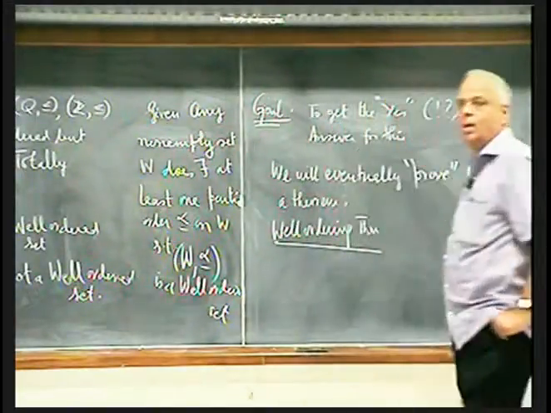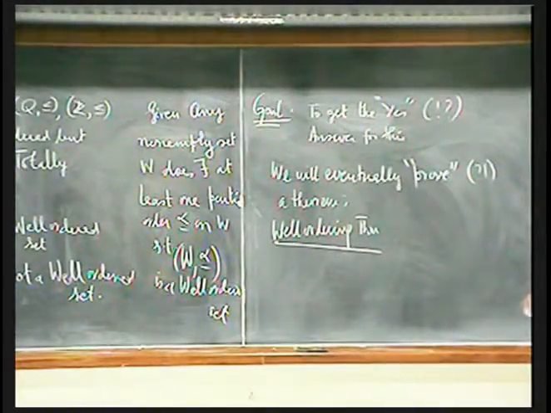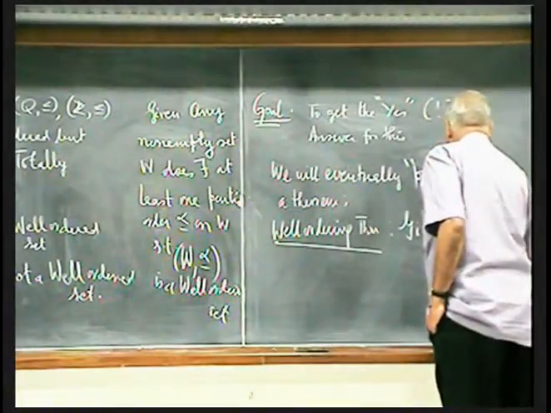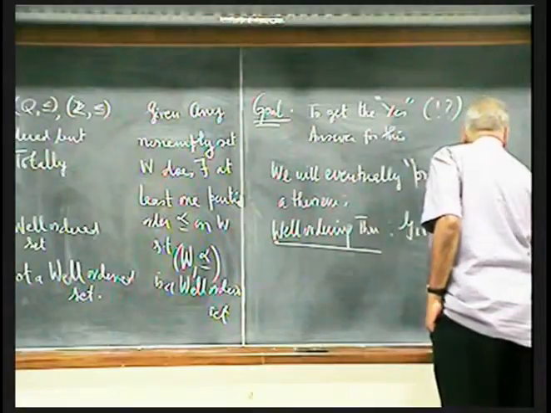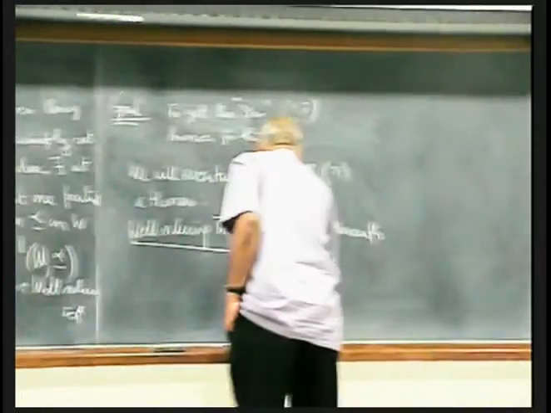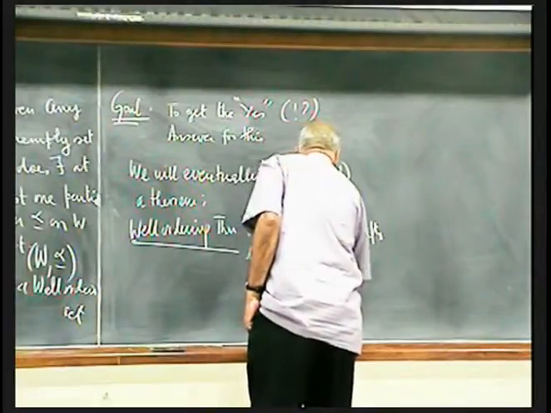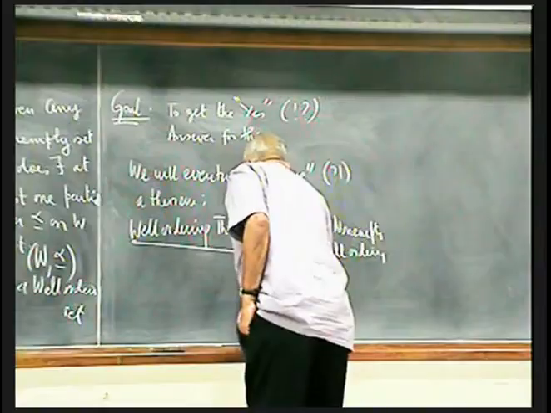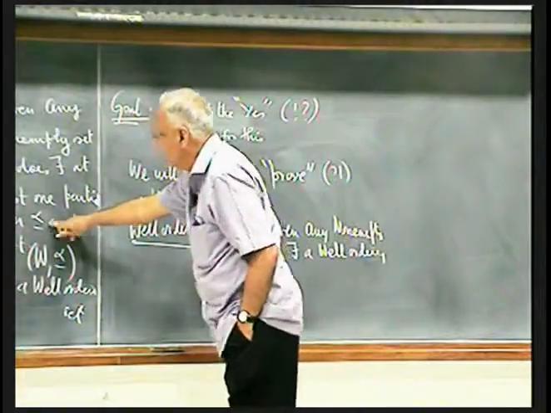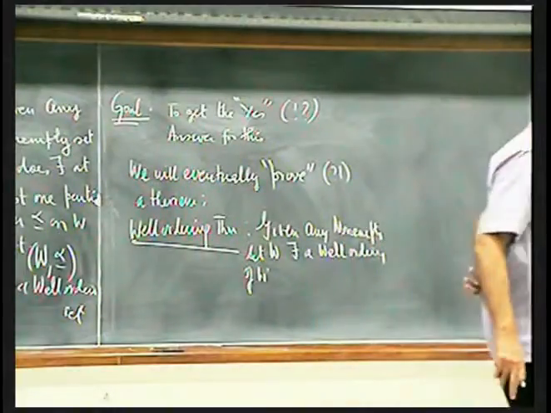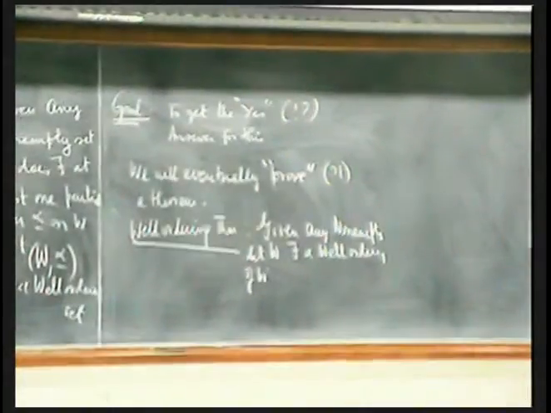What does the well ordering theorem say? Given any non-empty set W, there exists a well ordering of W. That is, there exists a partial order such that it becomes a well ordered set. This is known as the well ordering theorem.